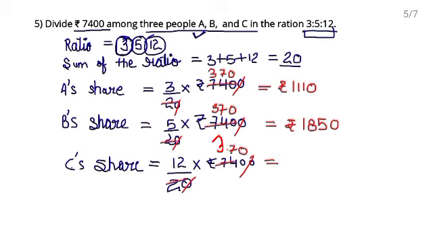When you multiply them, you will get rupees 4,440. So this is the share of A, this is the share of B, and this is the share of C, which they were asking in the question. So this is your answer.